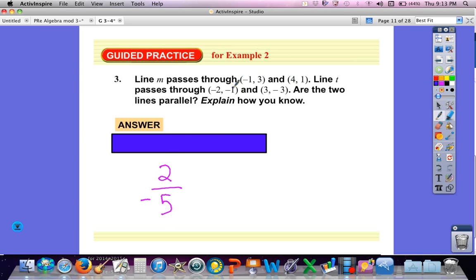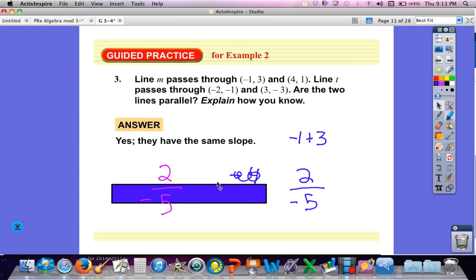The second slope, negative 1 minus negative 3, so that's negative 1 plus 3 is 2, and negative 2 minus 3 is negative 5. So they are parallel because they have the same slope.